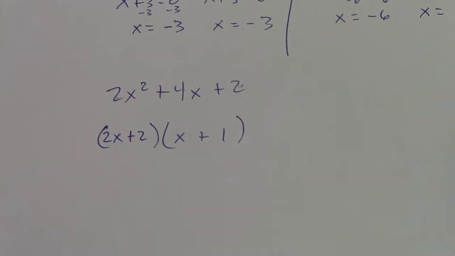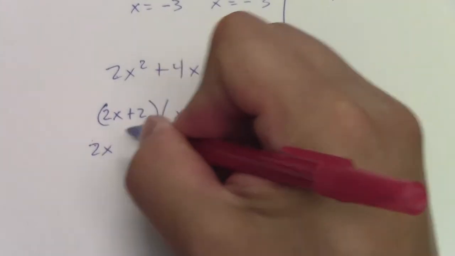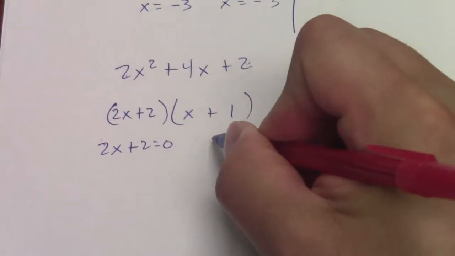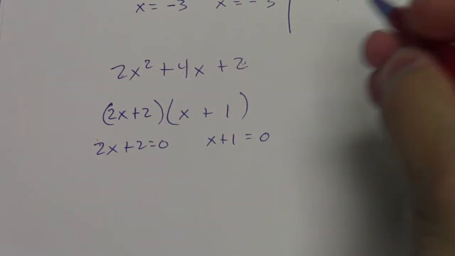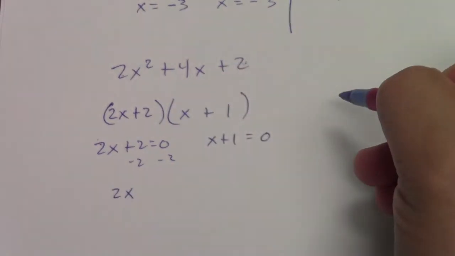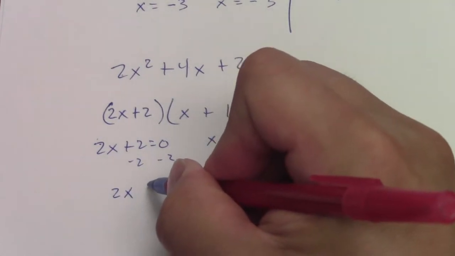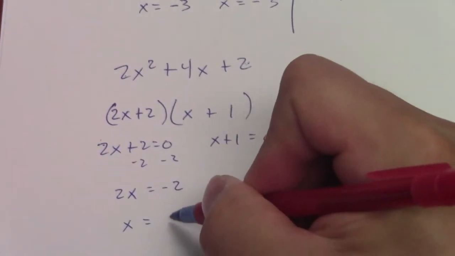From this point, I just solve again. So 2x plus 2 equals 0 and x plus 1 equals 0. Over here, I got to subtract the 2 on both sides. 2x equals -2.